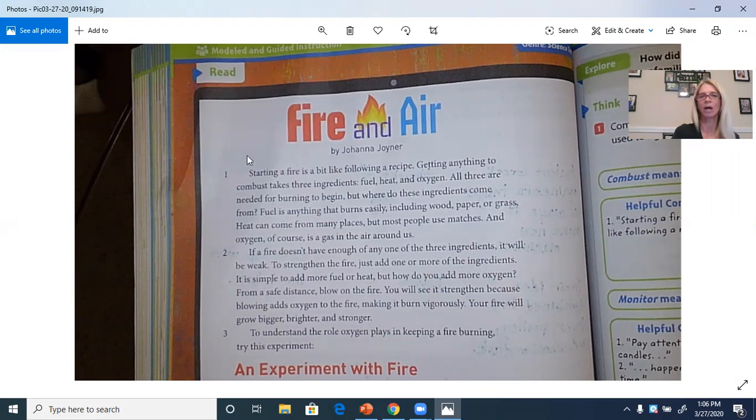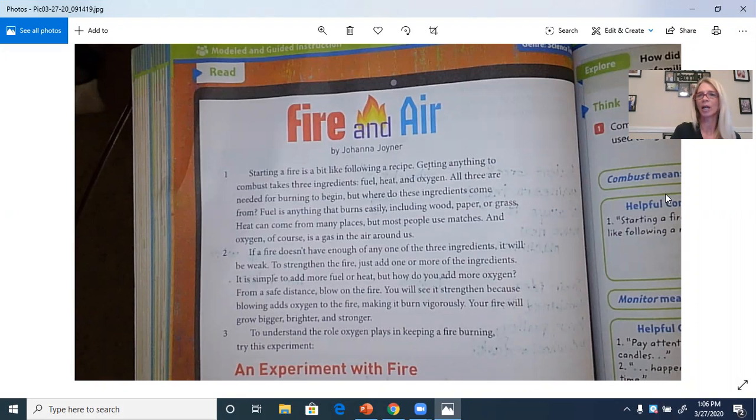So before we go down and read about an experiment with fire, we're going to look over at page 205. And we're looking for the definition of combust. And you can see combust is right here in the paragraph. It says getting anything to combust takes 3 ingredients. So we're looking for what can help us with the definition of the word combust.